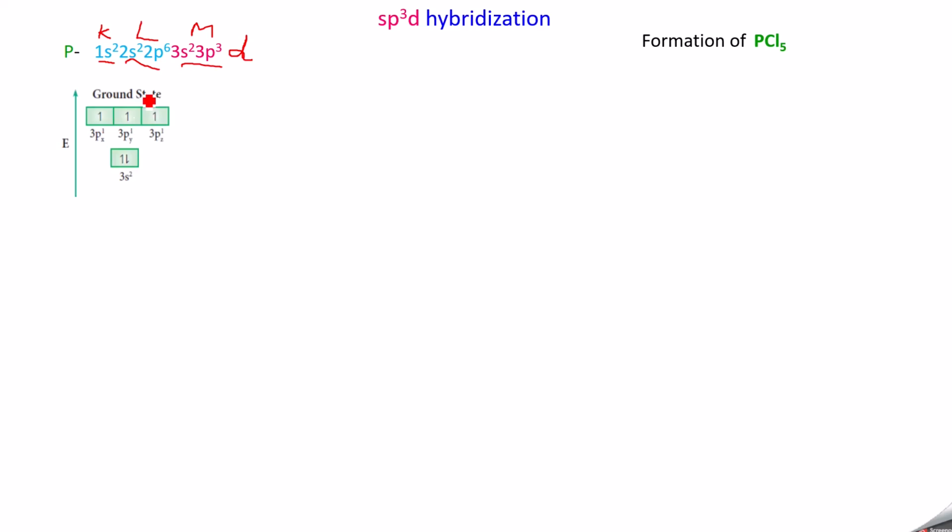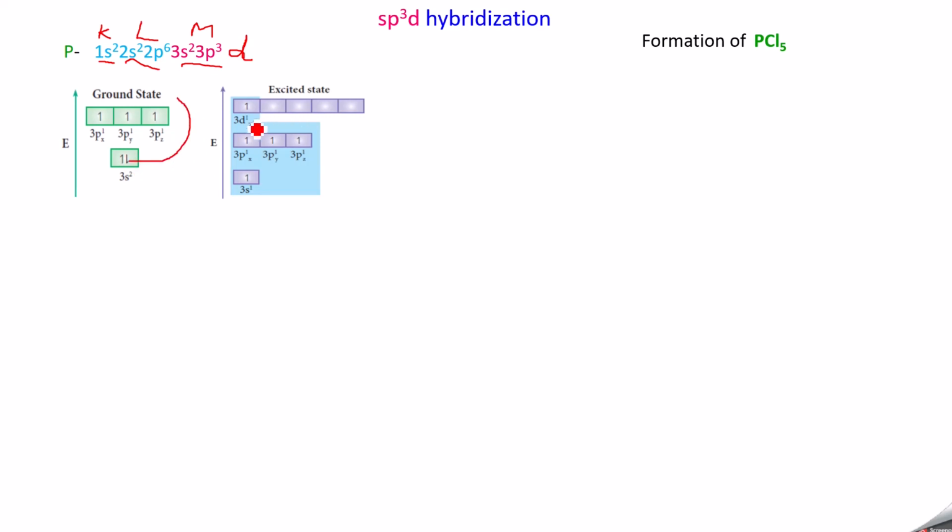Now you can write the ground state configuration. In the s orbital you have 2 electrons. In the p orbitals you have 3 electrons, px, py and pz, each with 1 electron. And then you have the d orbital, which is empty in this case. Now you have to go to the excited state. In the excited state, one of the s electrons is promoted to a d orbital.